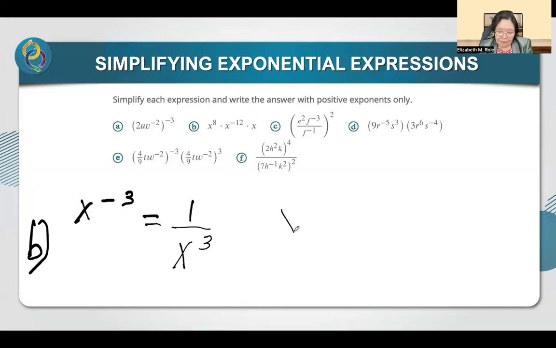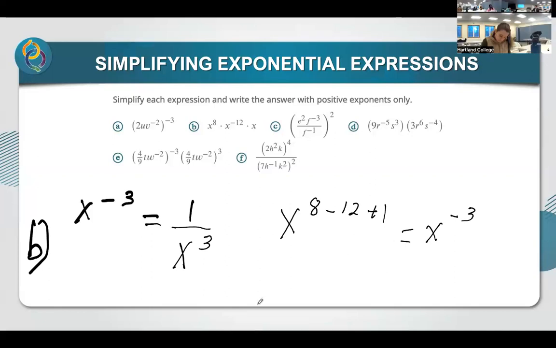So actually what you did was x to the 8 minus 12 plus 1, and therefore it will just be x to the negative 3, and that will now be 1 over x cubed. Good. Is that fine? All right.